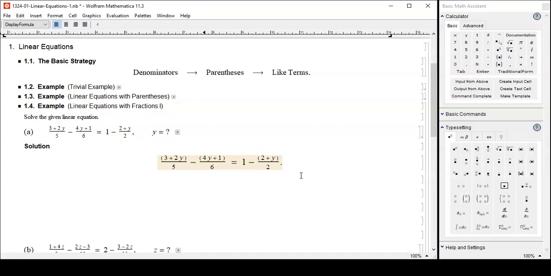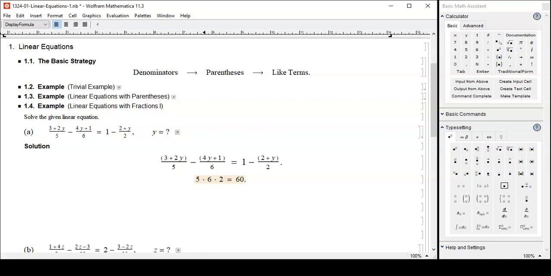What is that preparation? Multiply a strategic number to each of these terms, so that I can remove all the denominators. So what should I multiply? Well, one surefire way is to multiply all these denominators.